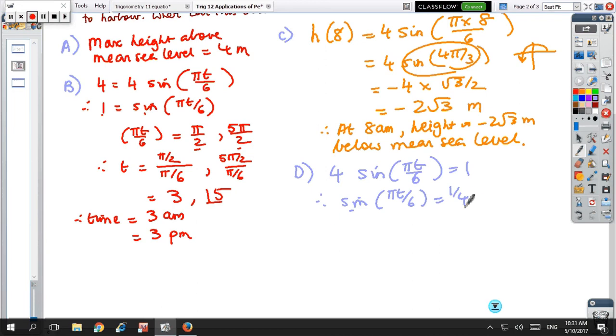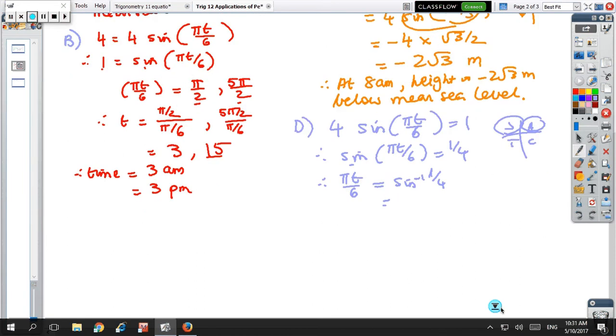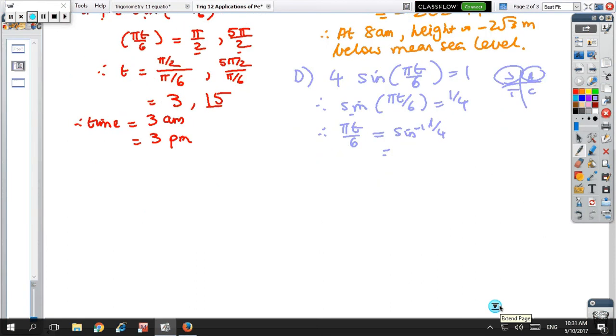Now sine being positive happens in quadrants 1 and 2. So we've got 2 answers on the first lap and then 2 answers on the second lap. So pi t on 6 equals inverse sine a quarter. And in radians, so make sure you calculate in radian mode.